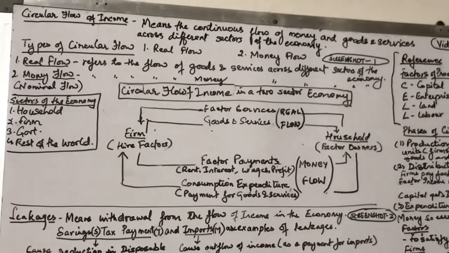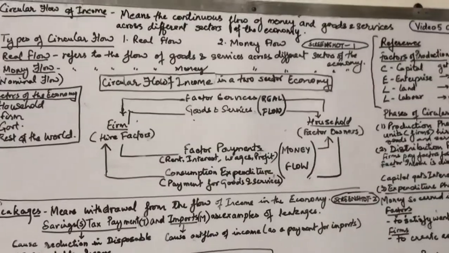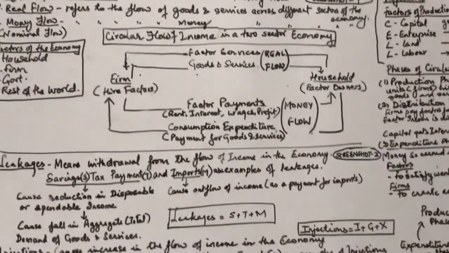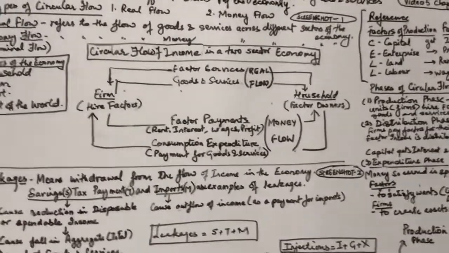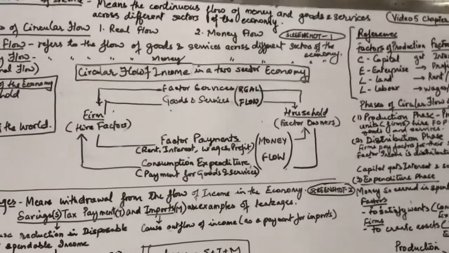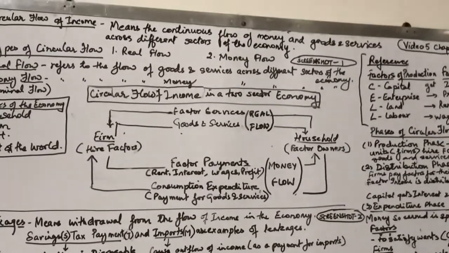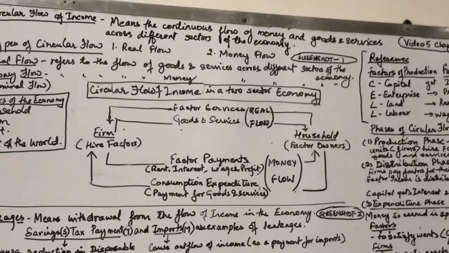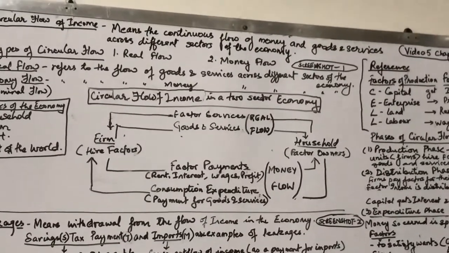So the way we have drawn it, it seems clear, but once again let me explain it to you. The households are giving factor services to the firm, and eventually the firm is giving goods and services to the households.